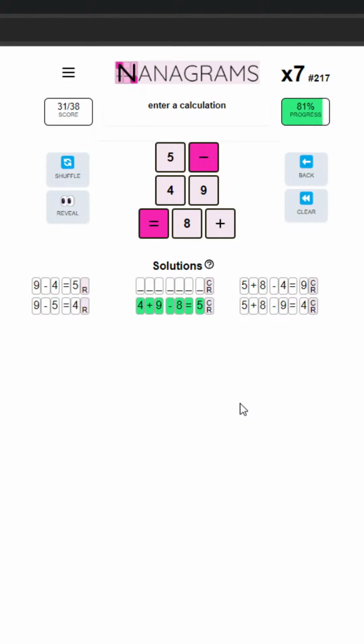Okay, we have one more combo here. Nine plus 8 plus 4. 9 minus 8. Yes, it does work. I already have the commutative version of that. But it does work.